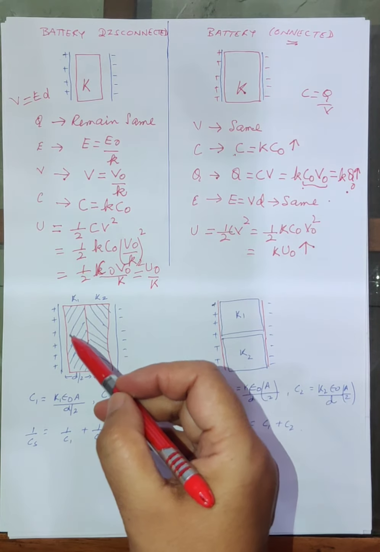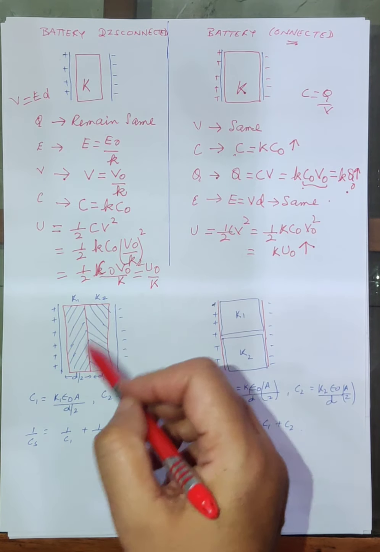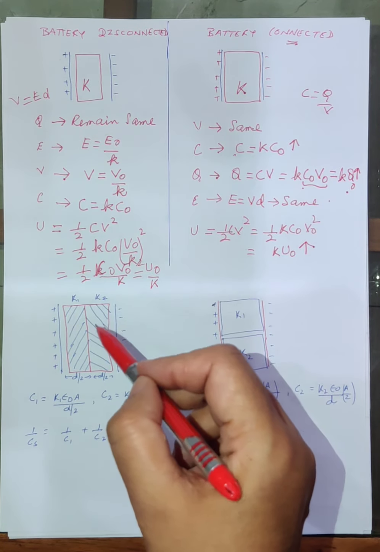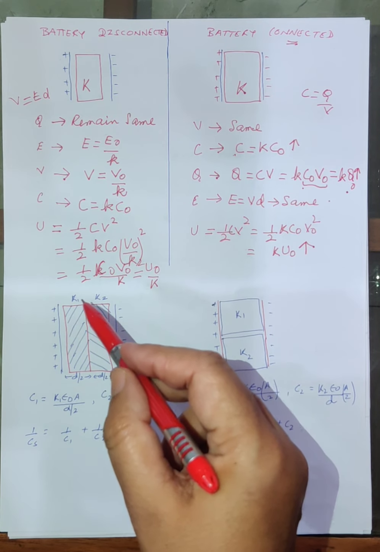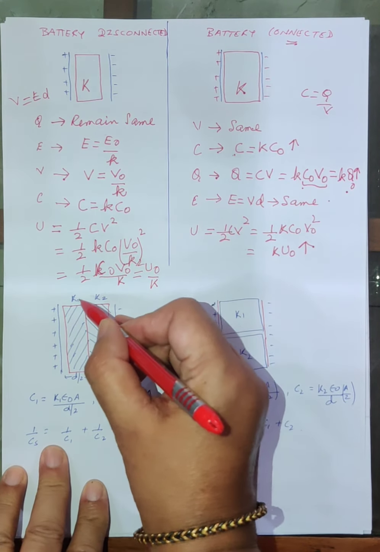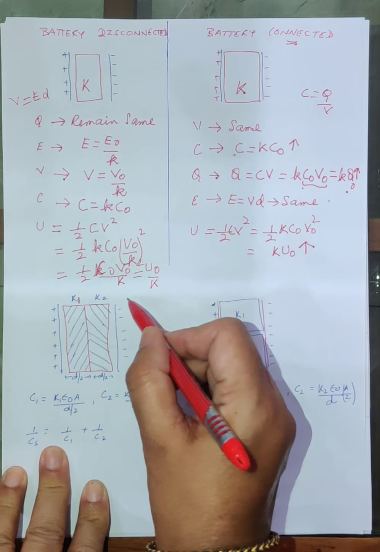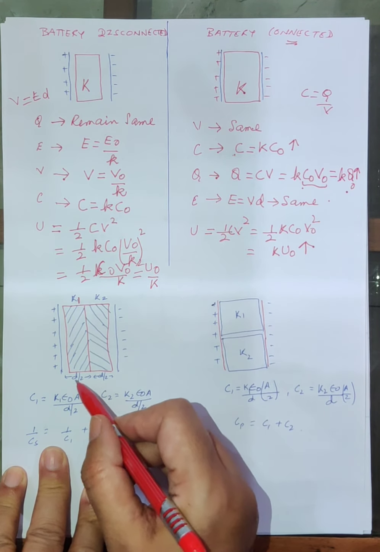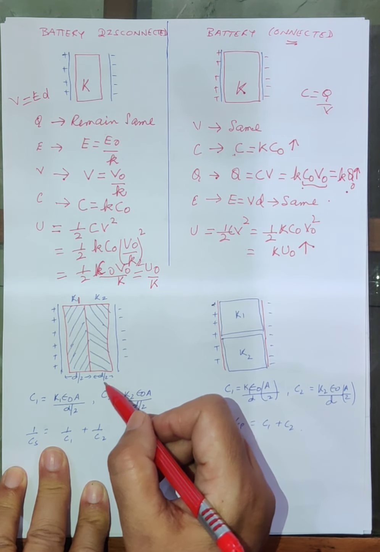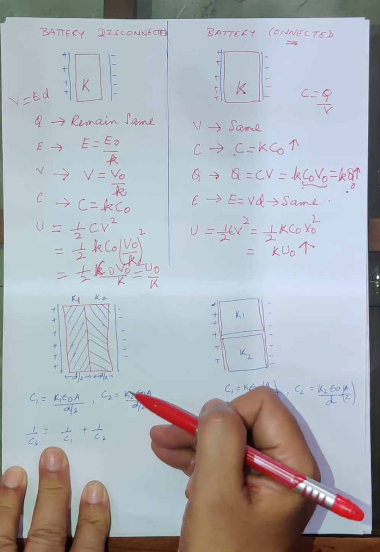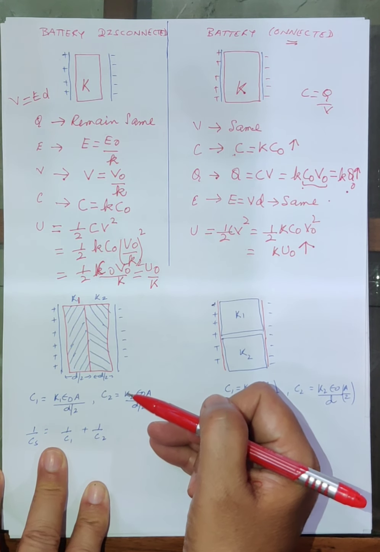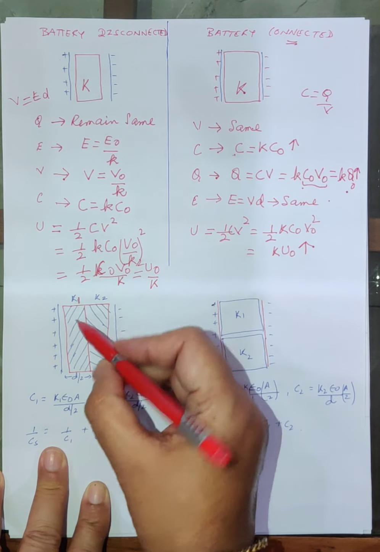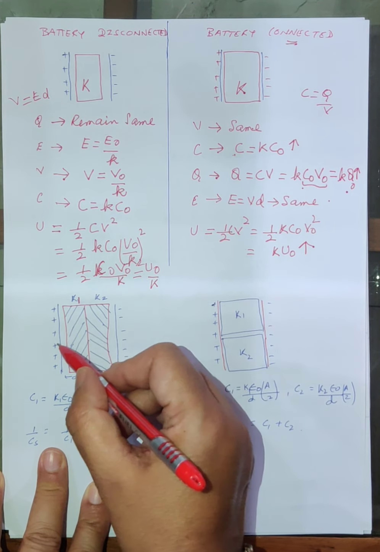Now next, see, again that's a typical question on the capacitor. Suppose you have a capacitor, these are the two plates of the capacitor, and you have inserted two dielectrics, this is dielectric constant K1 and this is dielectric constant K2, of thickness D by 2 and D by 2. Now how will you visualize this capacitor? As you can see, children, this consists of two capacitors.